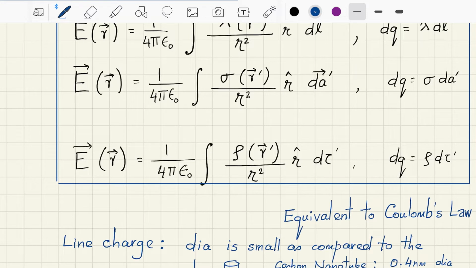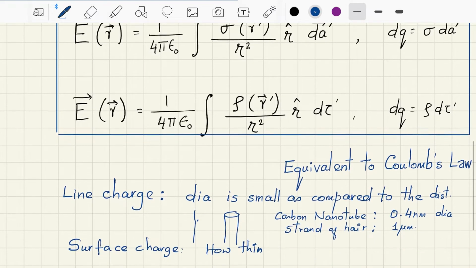Or it could be a strand of hair. But the same strand of hair can be considered as a cylinder, and this is typically 1 micron. All right. So it depends on the distance of analysis.